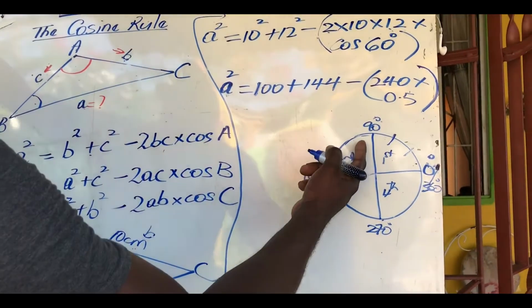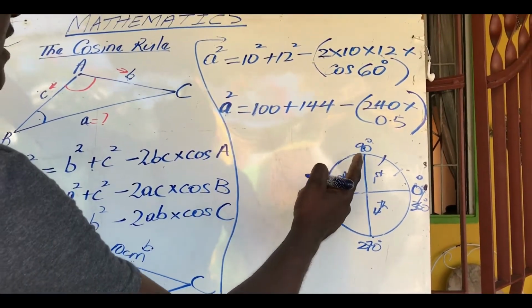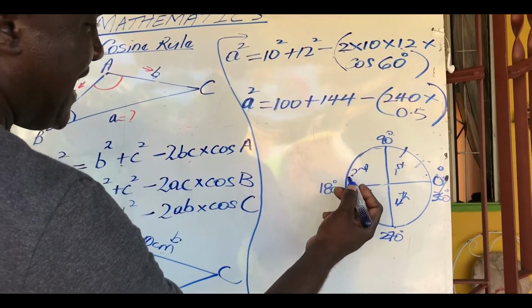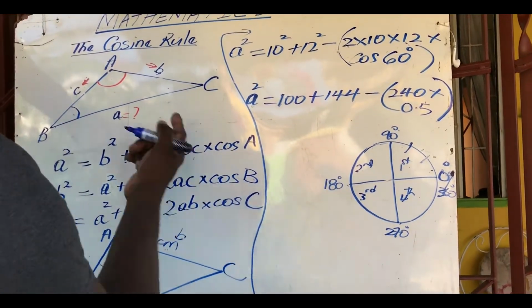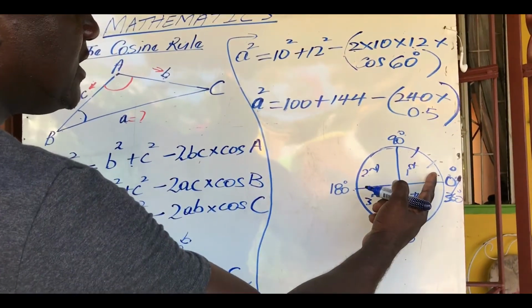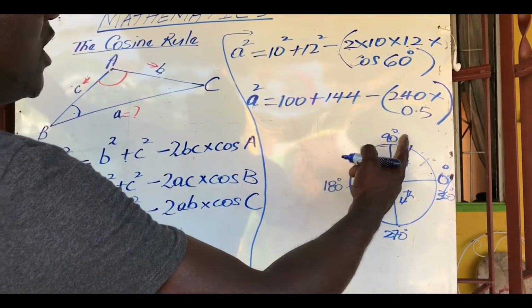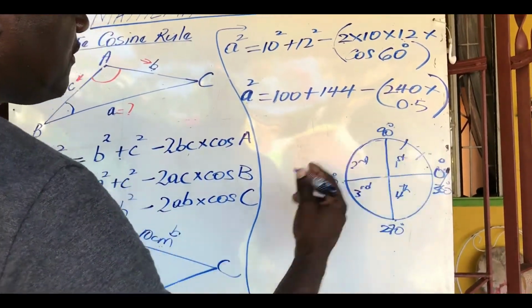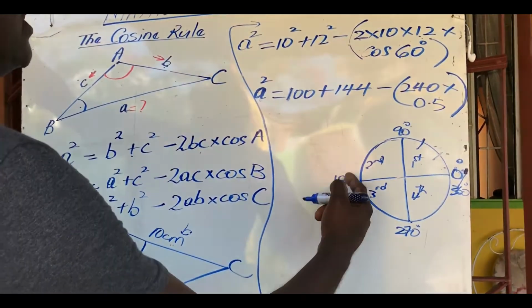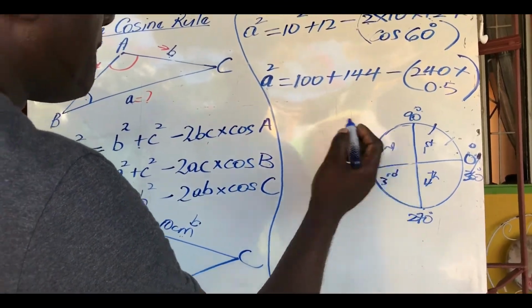So remember, with the cosine rule, in the first quadrant, between 0 and 90 degrees, the ratio is positive. Between 90 and 180, which is an obtuse angle, the ratio must be negative.